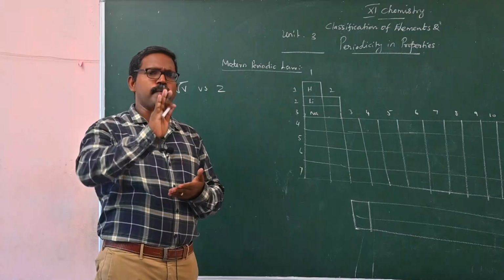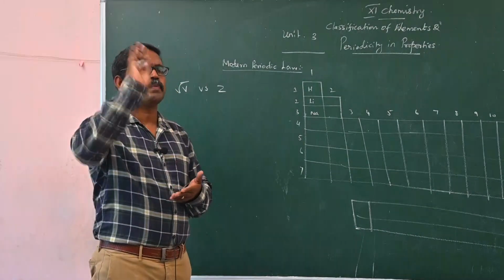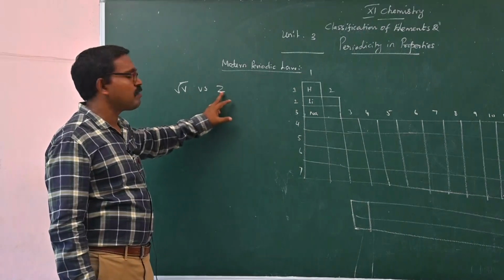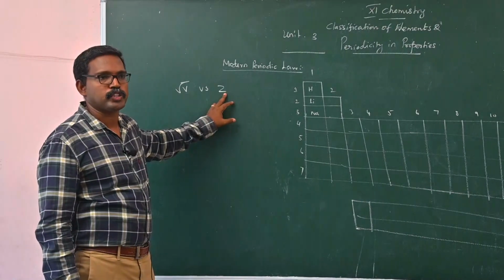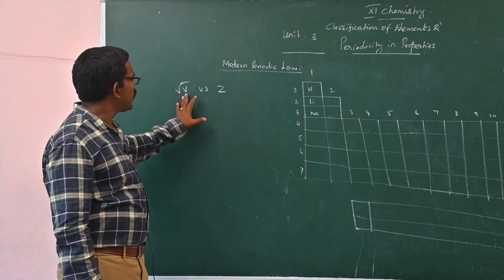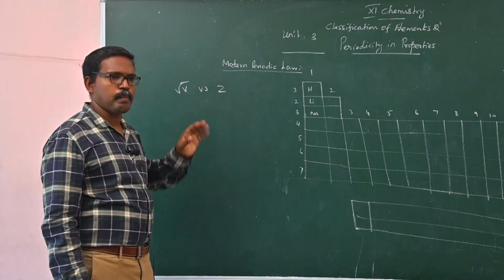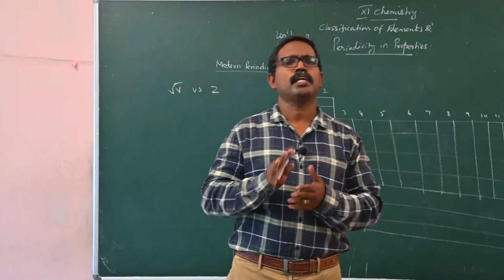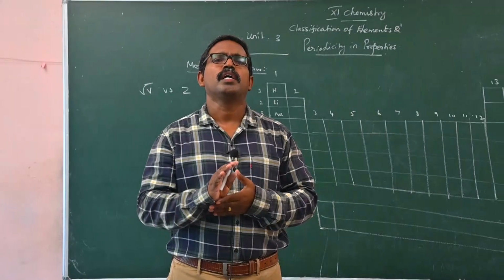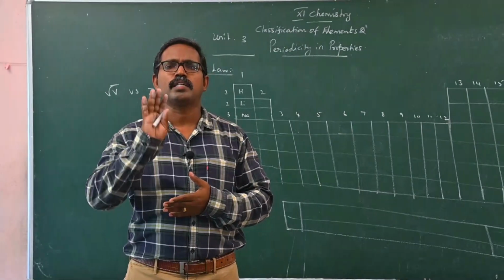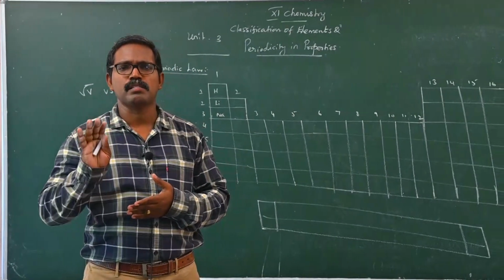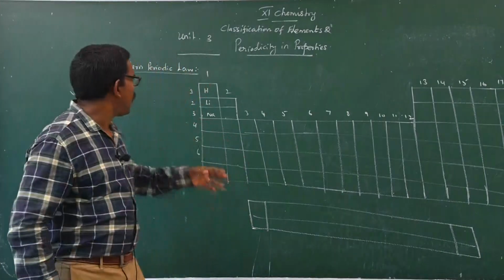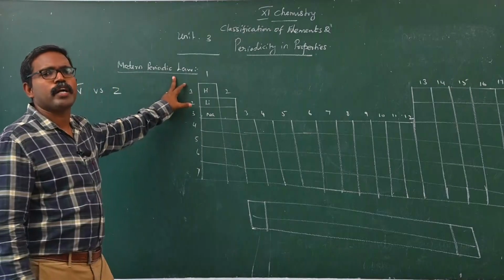The same type of straight line was not obtained in the case of the square root of frequencies of elements versus their atomic weights. Therefore, Henry Moseley concluded that the only way to arrange the elements in a particular order must be based on atomic number, not atomic weight. And he proposed one law called the modern periodic law.